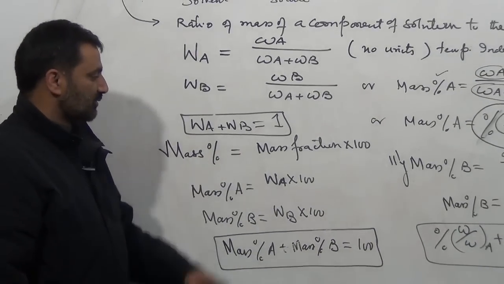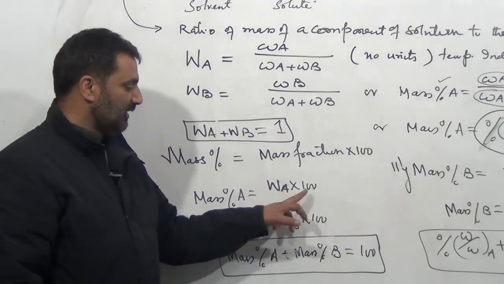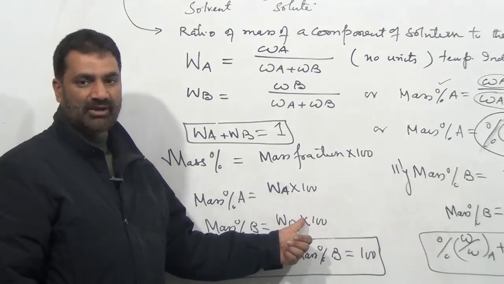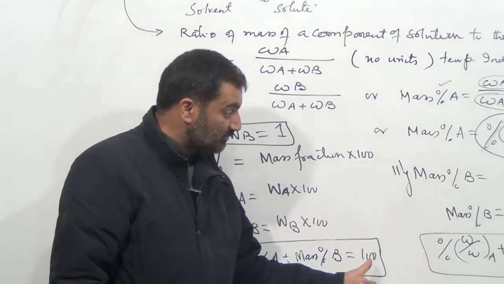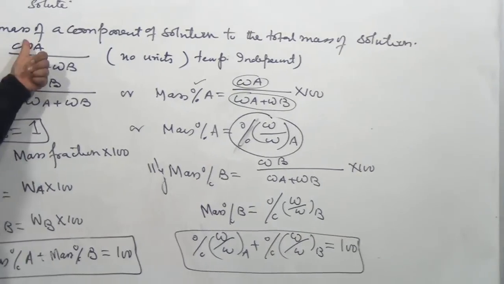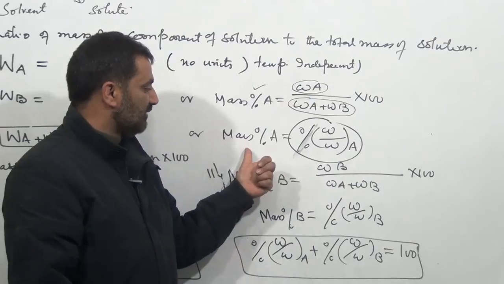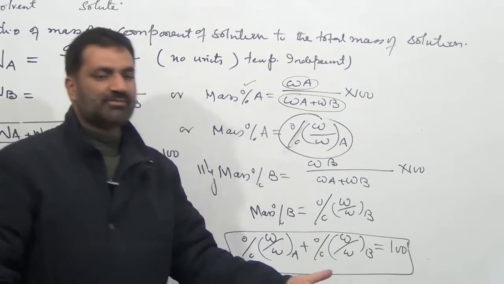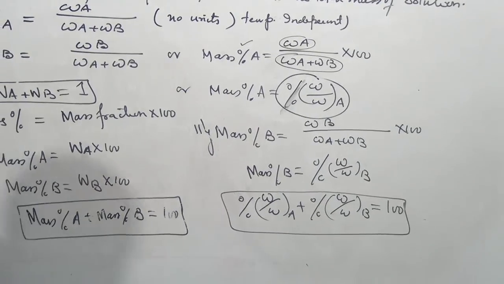Mass percent is equal to mass fraction into 100. So mass percent of A is equal to WA into 100, or mass percent of B is equal to WB into 100, and mass percent of A plus mass percent of B is equal to 100. So mass percent of A is also equal to WA divided by WA plus WB multiplied by 100. Similarly for B, so percentage mass by mass of A plus percentage mass by mass of B is always equal to 100. So this is the mass fraction.